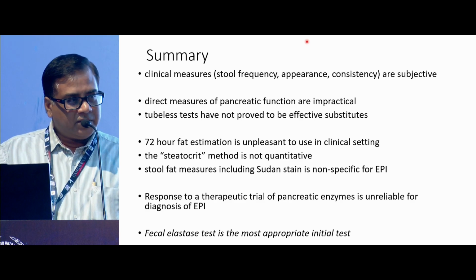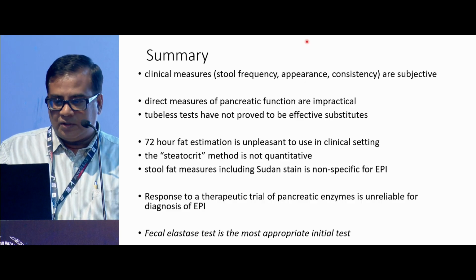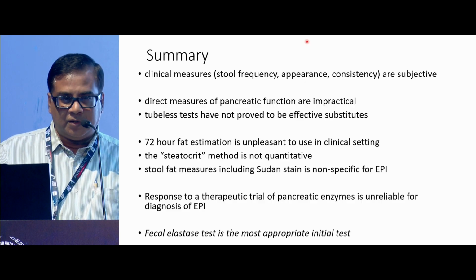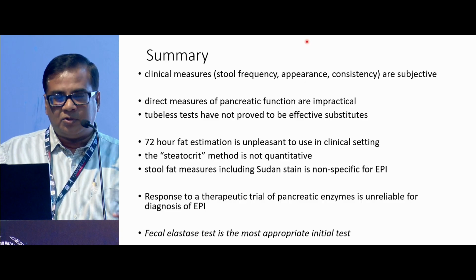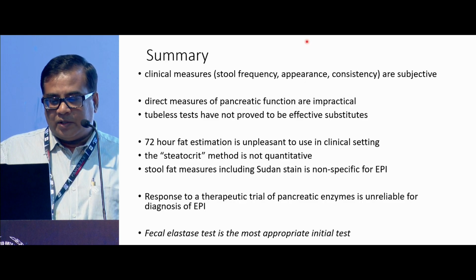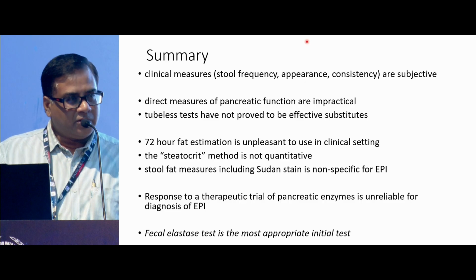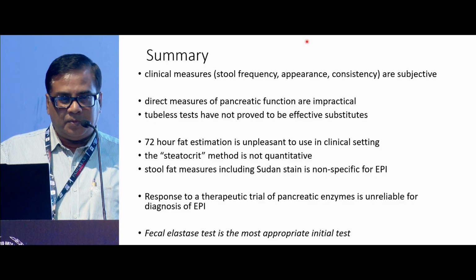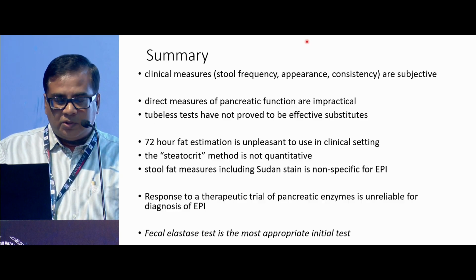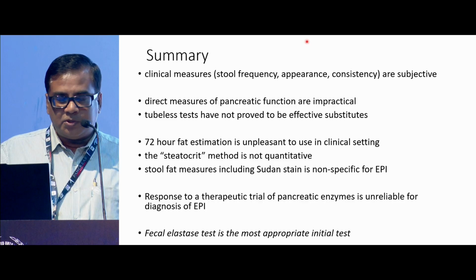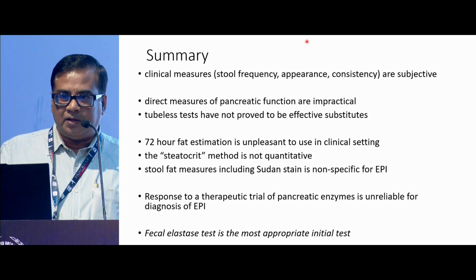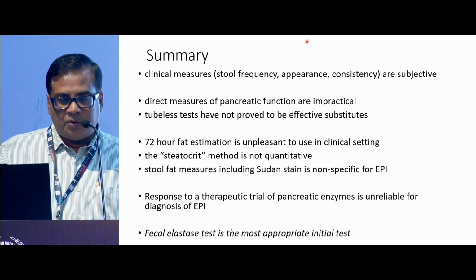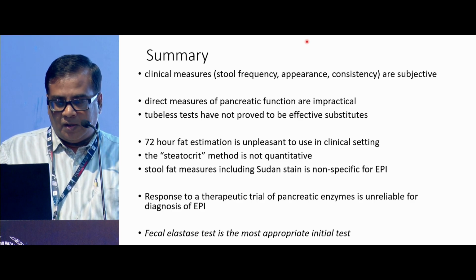The 72-hour fecal fat estimation is still the gold standard, but it is quite unpleasant to use in the clinical setting. The steatocrit test is also not very quantitative. And Sudan III, as I already mentioned earlier, is very non-specific, and you cannot pick up early EPI. The other option of using the response to a therapeutic trial of pancreatic enzymes is also unreliable for diagnosis of EPI, because other non-pancreatic conditions may also respond to therapeutic trials of enzymes.